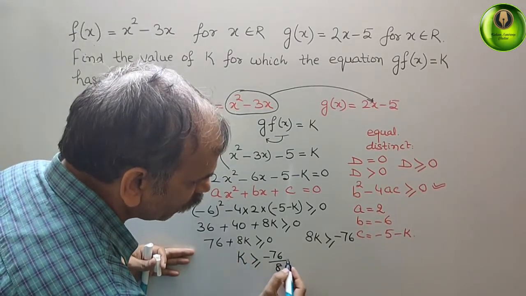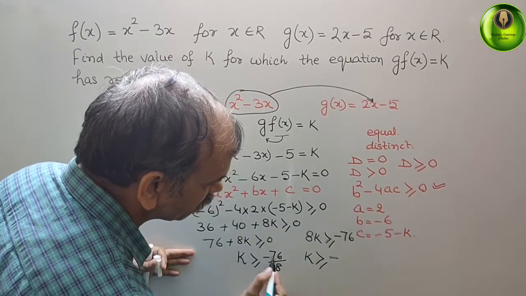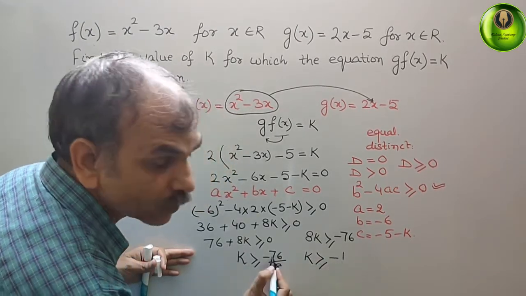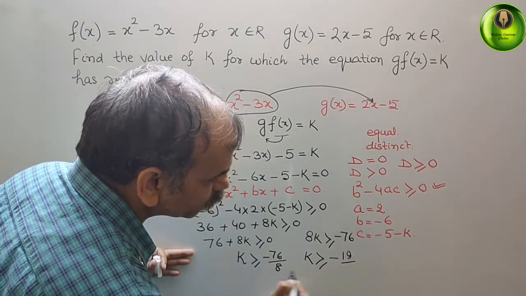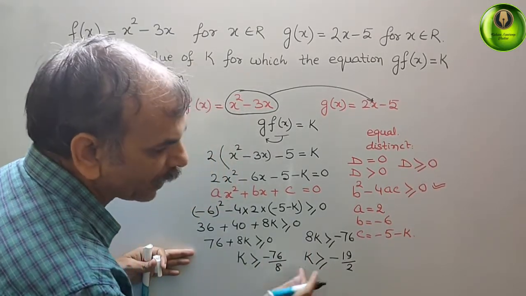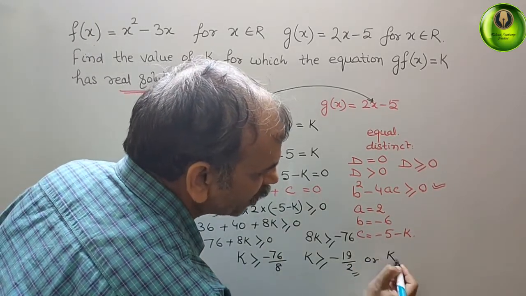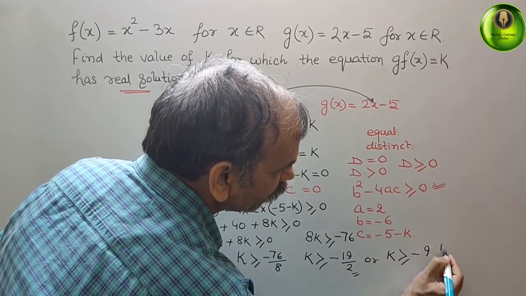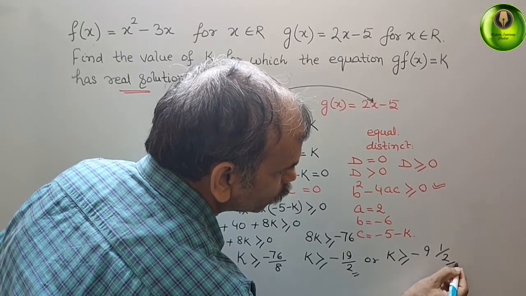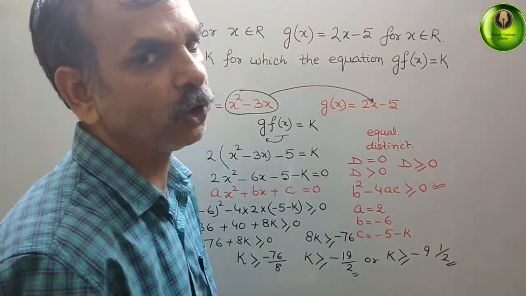So here you will get k should be greater than or equal to minus 19 by 2. Either you can write this or you can write in mixed fraction, that is minus 9 1 by 2. So either one of them is your answer.